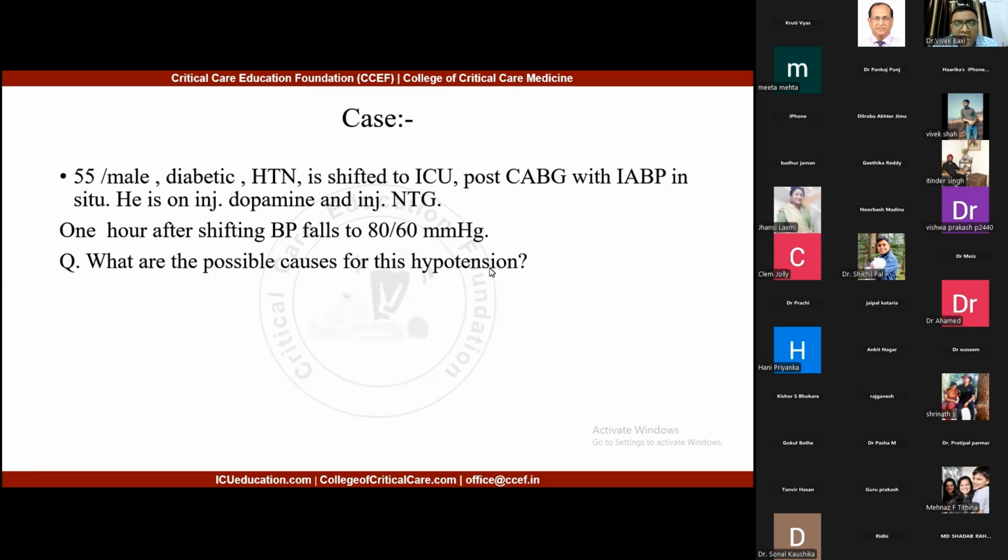Okay, so many answers I am getting. Cardiac bleeding, electrolyte imbalance, pharmacology. More drain, bleeding, hemorrhage, NTG, tamponade, cardiac tamponade, clot of IABP, post-op hypothermia, perioperative infarct, graft spasm, active bleed, massive pericardial effusion.